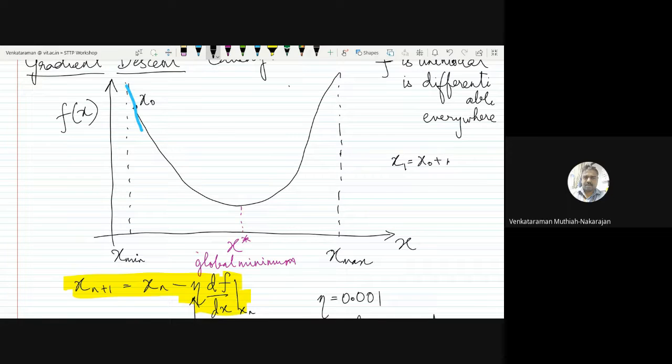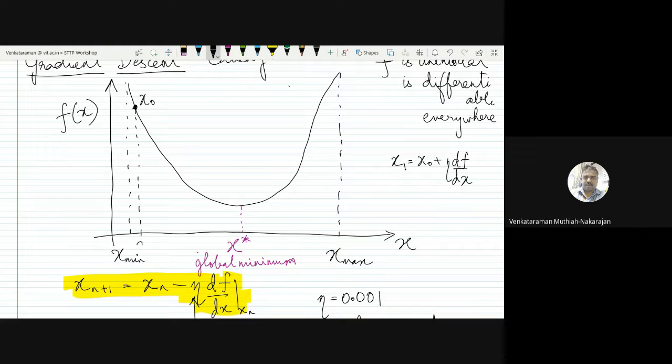So overall df by dx is negative, and when you multiply with eta, you step closer to the minima. Your x1 will be located here.